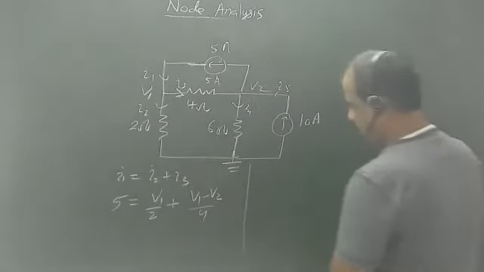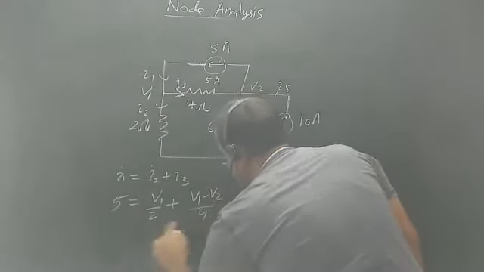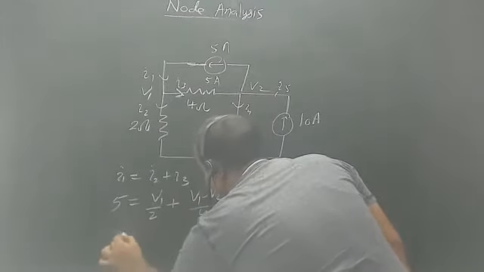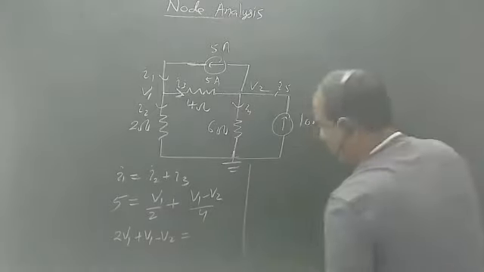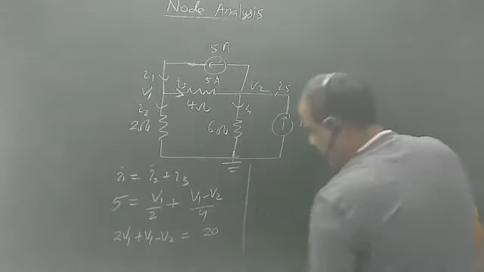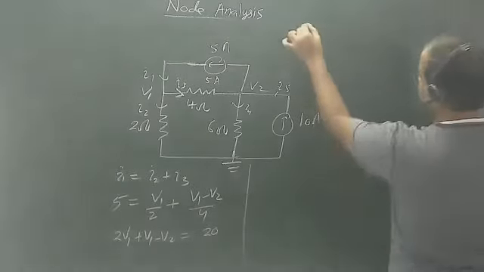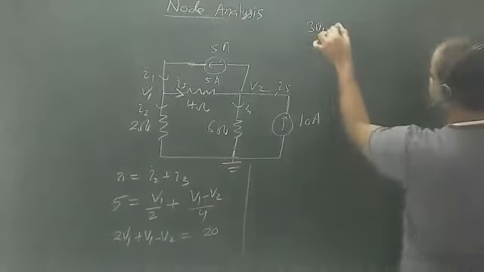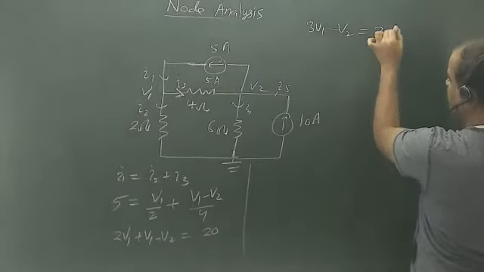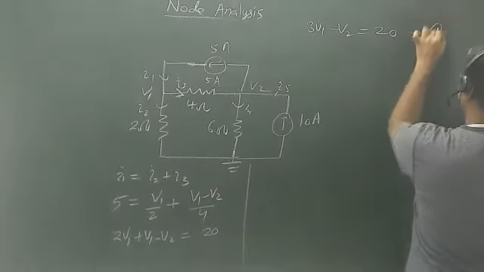Now you can solve this further. This will give you 2V1 plus V1 minus V2 equal to 20. So the equation is now 3V1 minus V2 equal to 20. This is equation number 1.